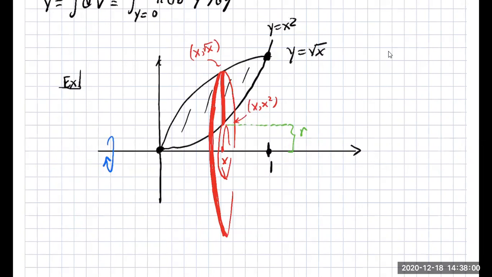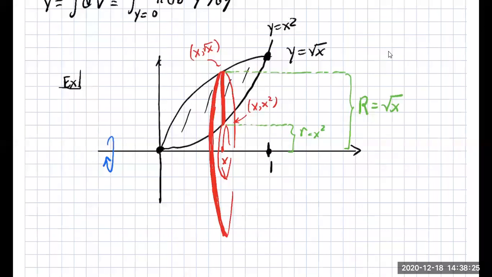It's x squared. It's the y coordinate. Okay. And then this one up here, this distance, that's going to be your outer or larger radius. Okay, so what's the distance between the top of the rectangle and the axis of revolution? What is that vertical distance? Yeah, good. It's the square root of x.